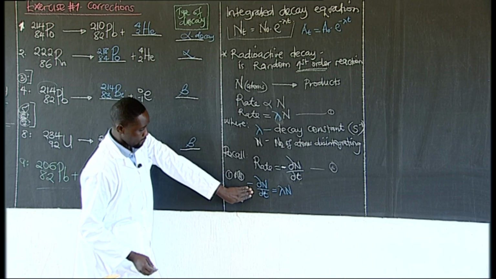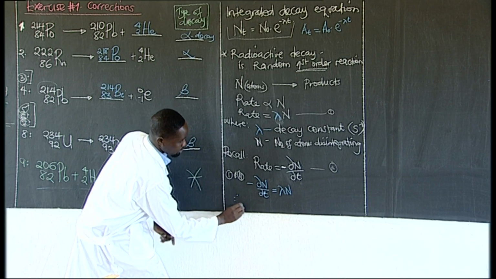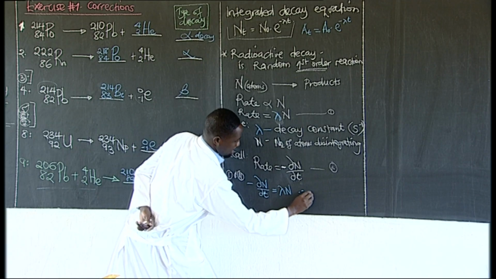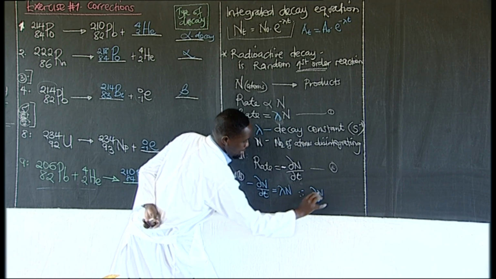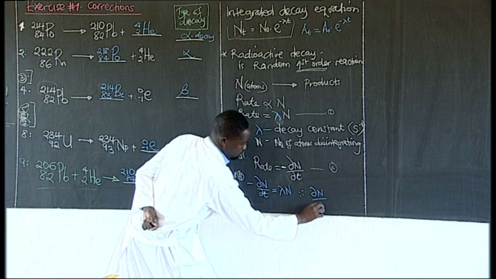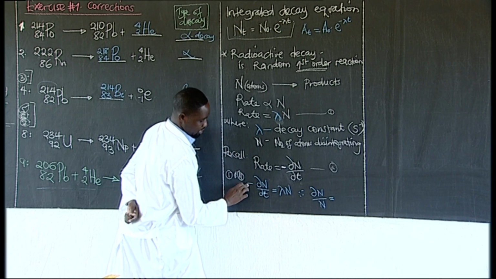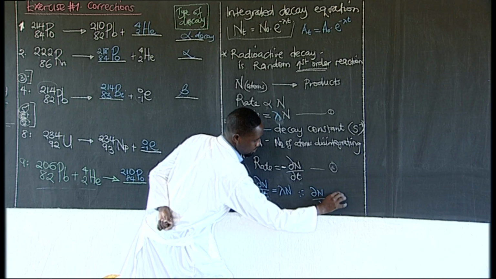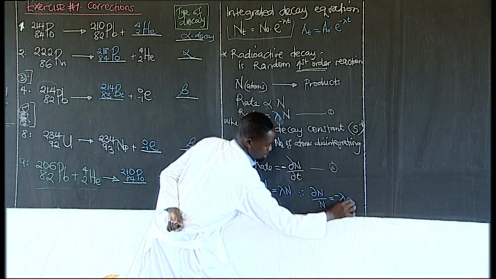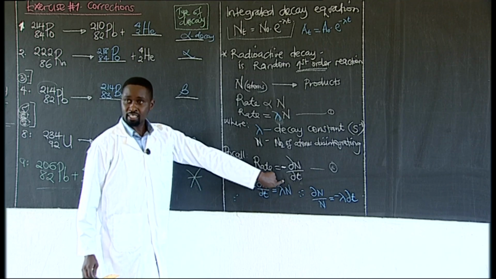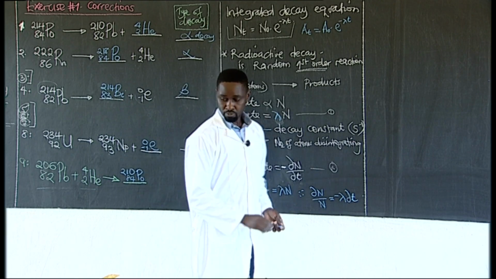And we end up having, let me just write it directly here, change in number of atoms over N is equal to, I will take this minus the other way, negative lambda delta T. I brought this to this side.